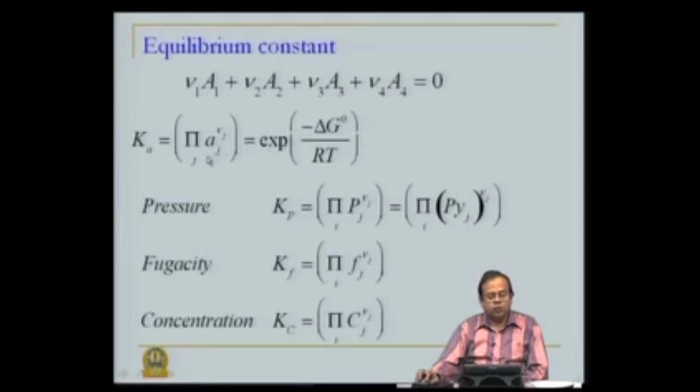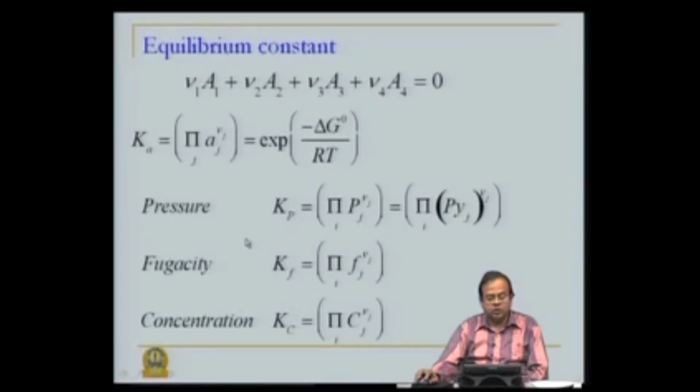We can choose to express our compositions in various different forms depending upon how we view our mixture. For example, if I use partial pressure for activity, that is, for a perfect gas mixture, then I use the term Kp, subscript P denoting that we are referring to the equilibrium constant in terms of the product of partial pressures of J raised to nu j. Or in terms of fugacity, the product of f j raised to nu j, as Kf.